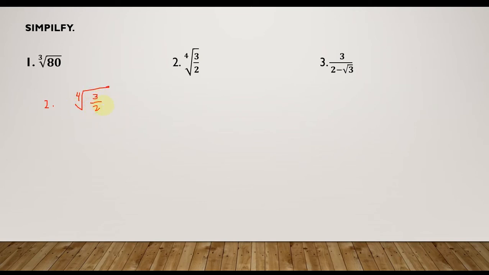For this one, first separate the radicals. So we can put here the fourth root of 3 all over the fourth root of 2. As you can see, the radical sign is being distributed in the numerator as well as in the denominator.